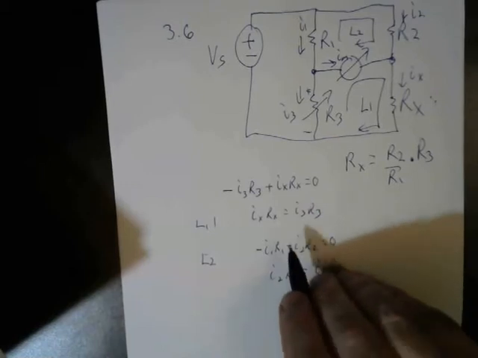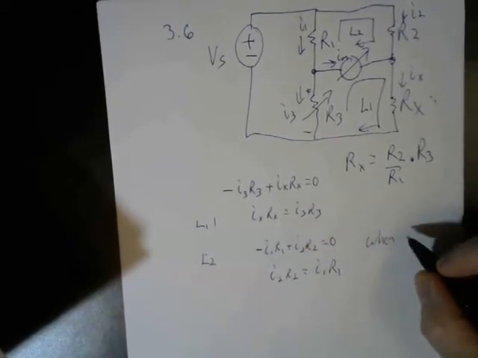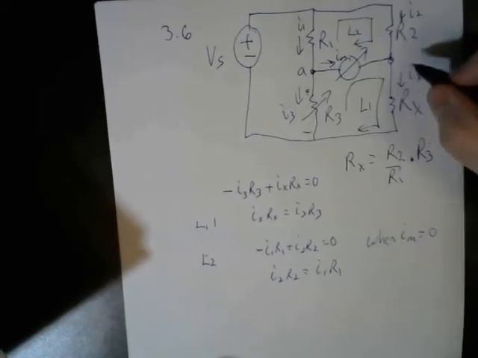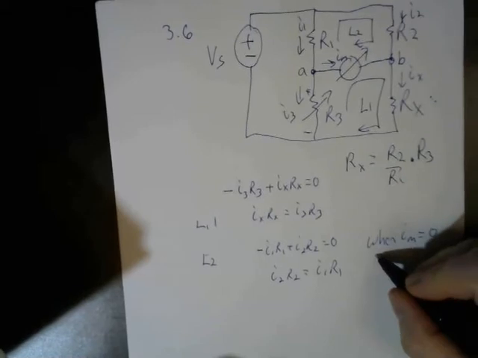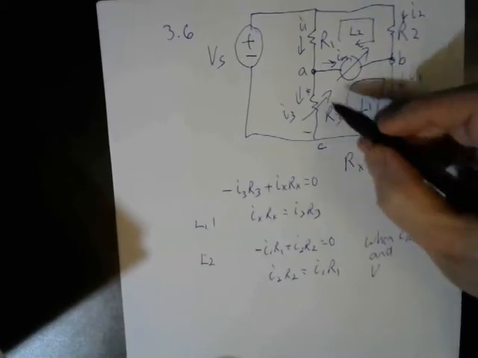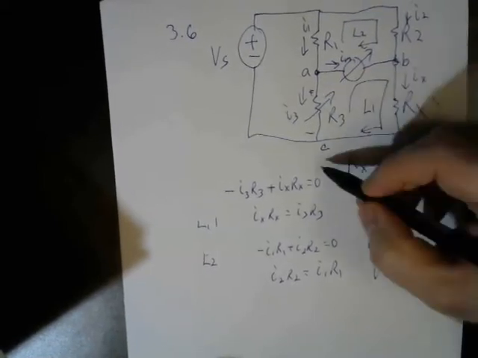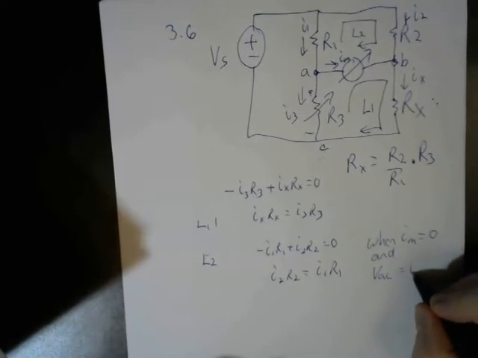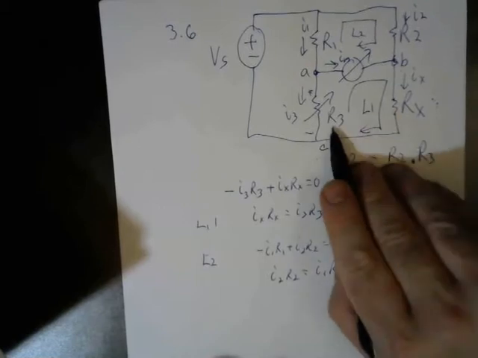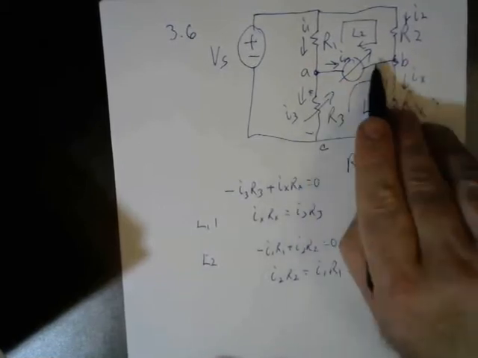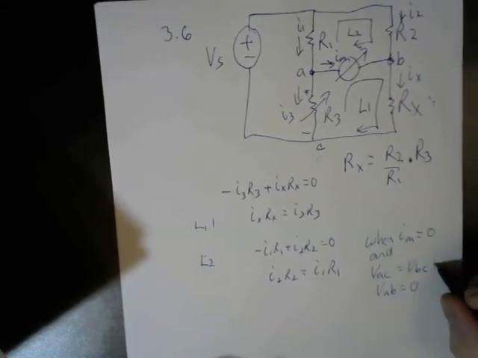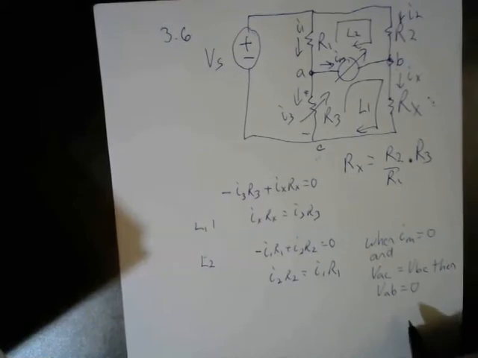This is true when IM equals 0. And if I label these nodes A, B, and C, when VAC equals VBC, because if I have the same voltage from here to here and from here to here, when I do Kirchhoff's voltage law, then VAB equals 0.